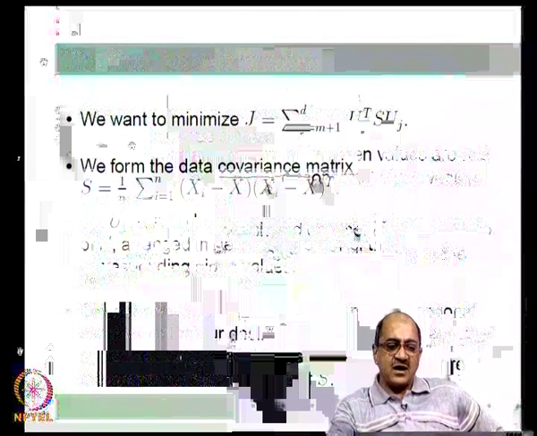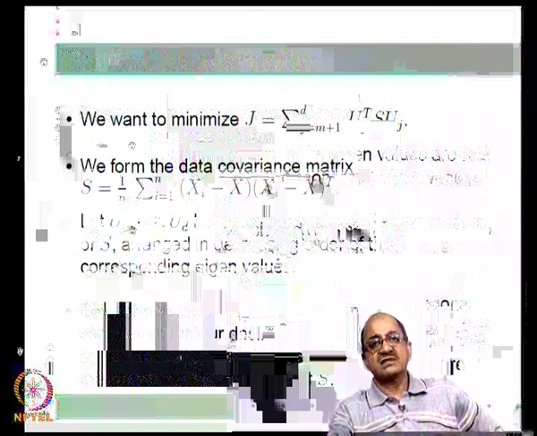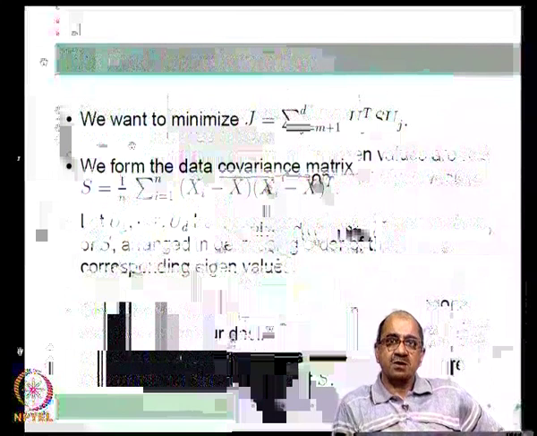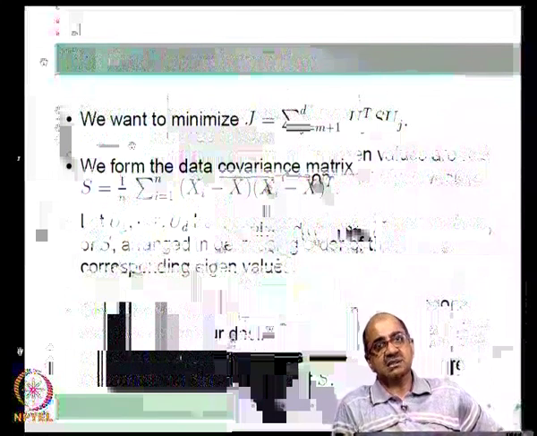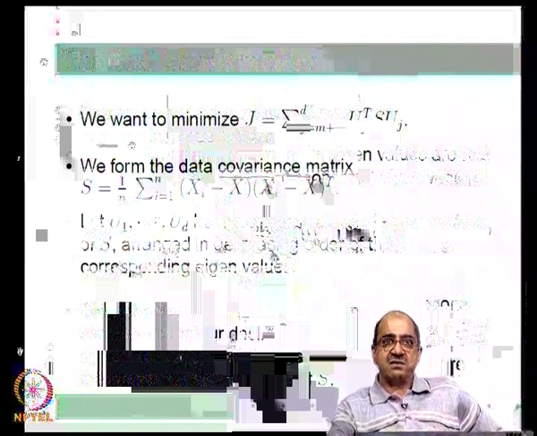So, I can have an orthonormal set of eigenvectors of S. Let us say u1 to ud are such eigenvectors, arranged in decreasing order of the corresponding eigenvalue. That means u1 corresponds to the highest eigenvalue, u2 to the next highest, and so on. I can talk about highest and next highest eigenvalue because the eigenvalues are all real, as S is real symmetric.